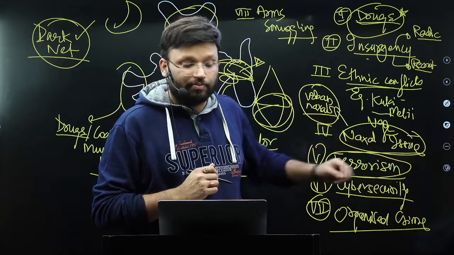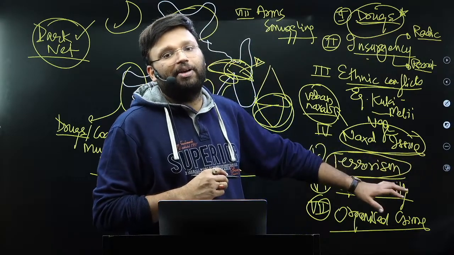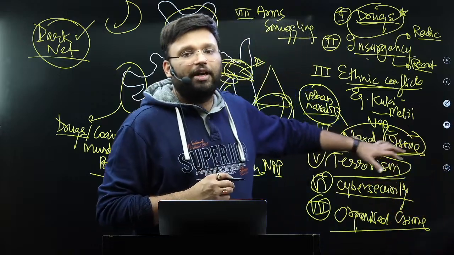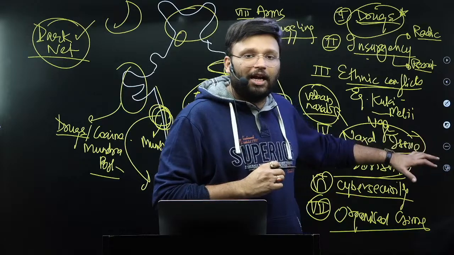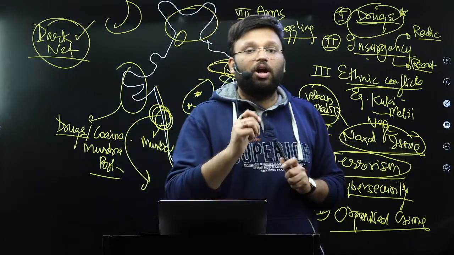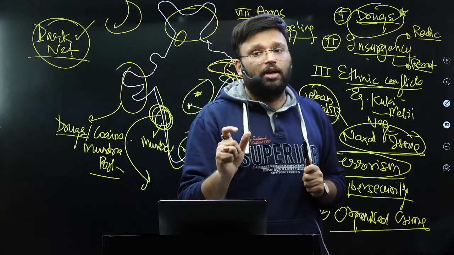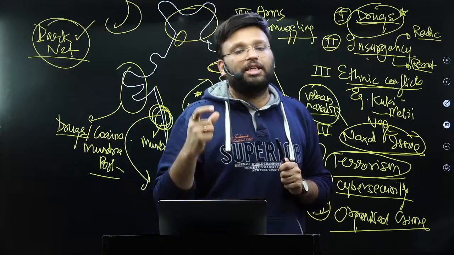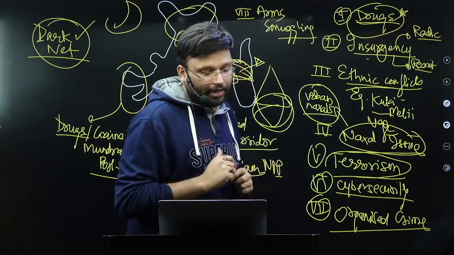So there is a need for media to collaborate with the government, with the Ministry of Information and Broadcasting, when broadcasting sensitive issues and matters on national security. Why? Because Article 19, freedom of speech and expression, is not absolute. It cannot impinge on national security. It cannot impinge on the sovereignty of India.